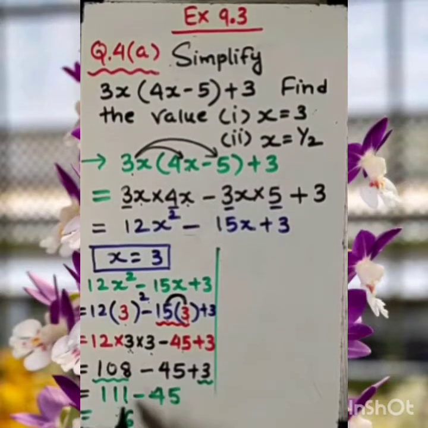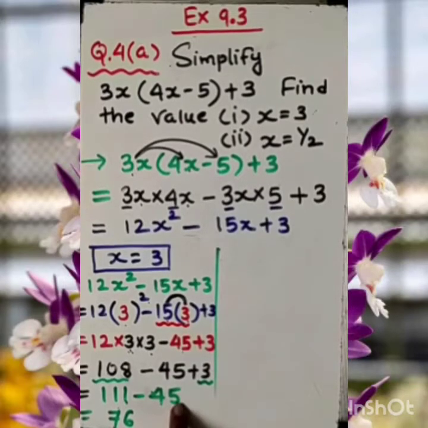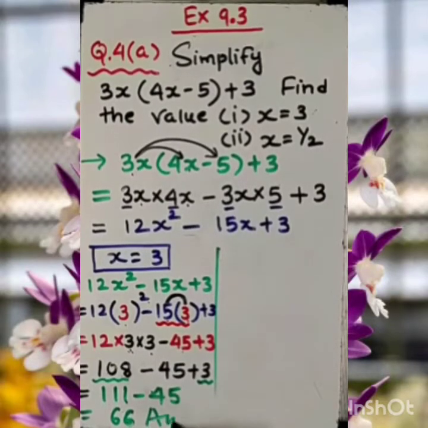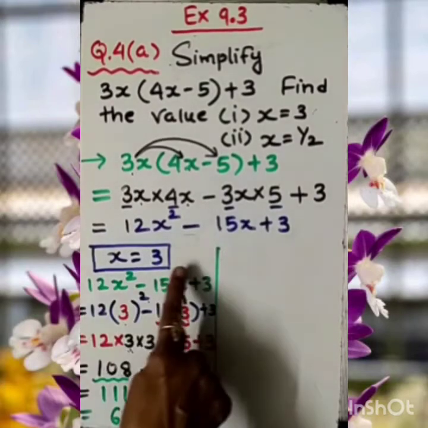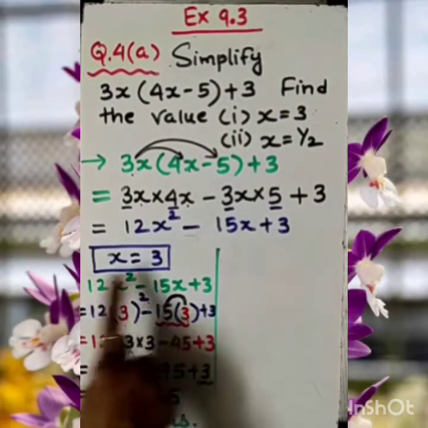Then 6 plus 5 is 11, carry over 1, 7 plus 4 is 11, plus 1 is 12. So here the answer will be 66, not 67, but 66. This is the solution when we put the value x equal to 3 in this expression.